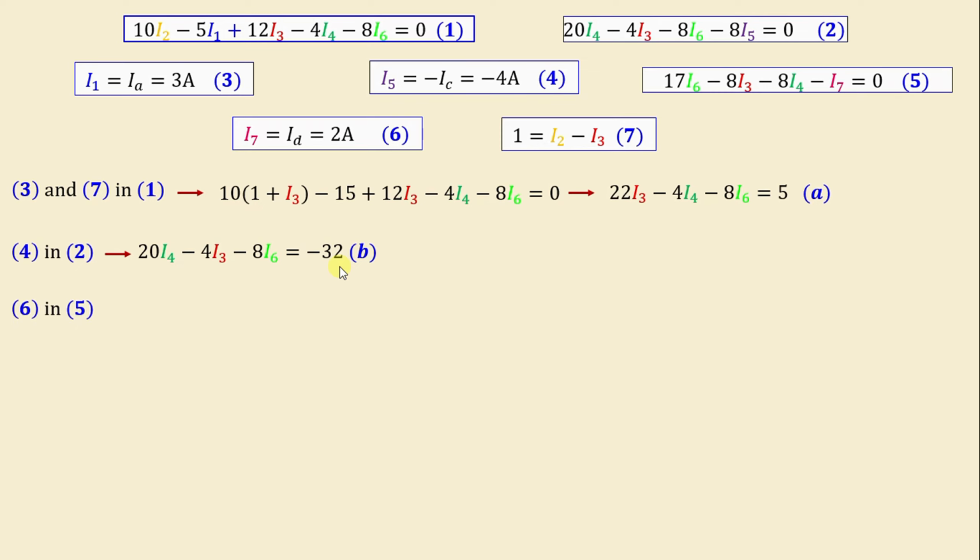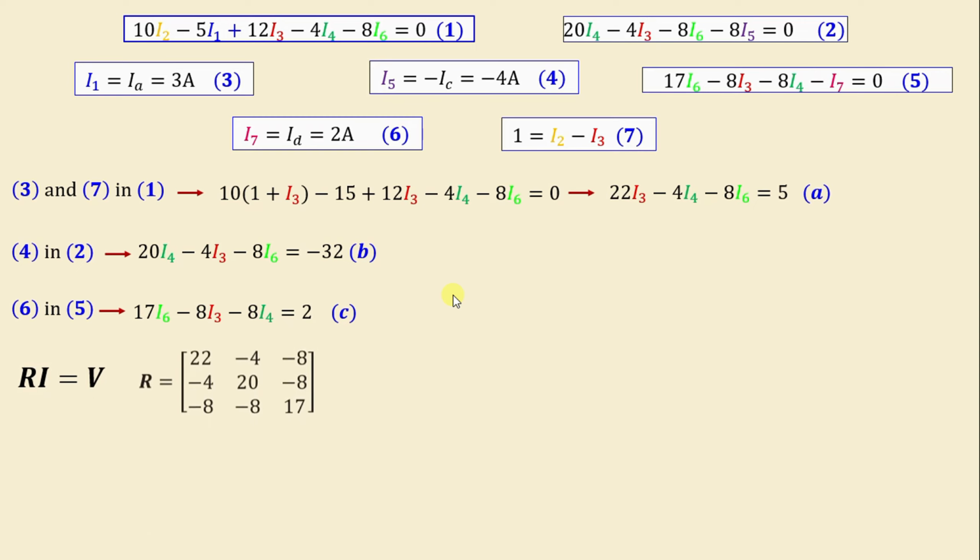Let's move on now. By substituting equation 6 in equation 5, we obtain 17I6 minus 8I3 minus 8I4 is equal to 2. I will call this equation C. We can see here that in equations A, B, and C, we have only 3 unknowns, I3, I4, and I6. Those 3 equations can be written in matrix form as follows: RI is equal to V, where R is given by this matrix.